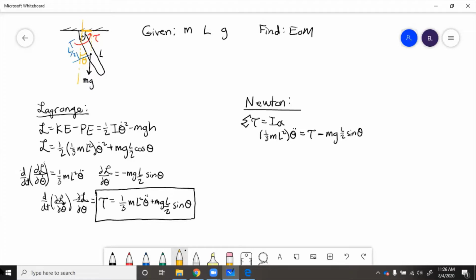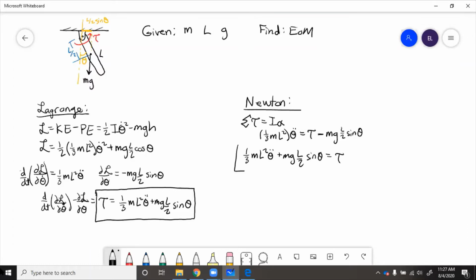So this is L over 2 sine theta, force and perpendicular distance from the axis. So then if we rearrange this, we have 1/3 m L squared theta double dot plus m g L over 2 sine theta equals torque.